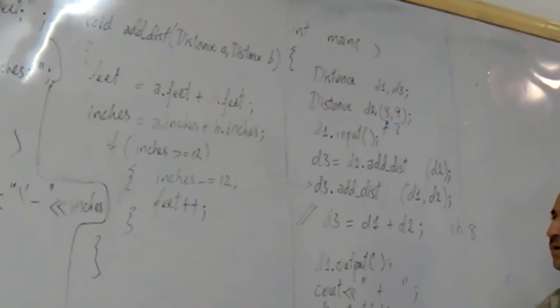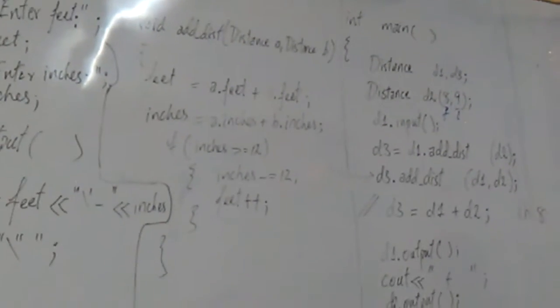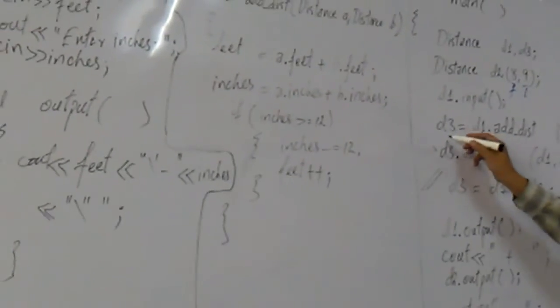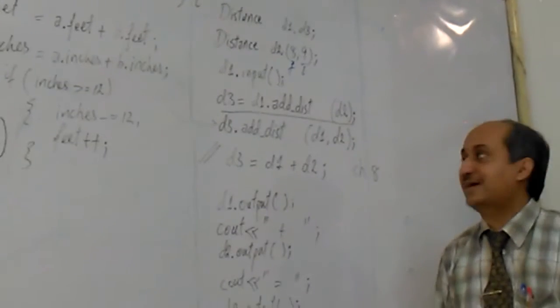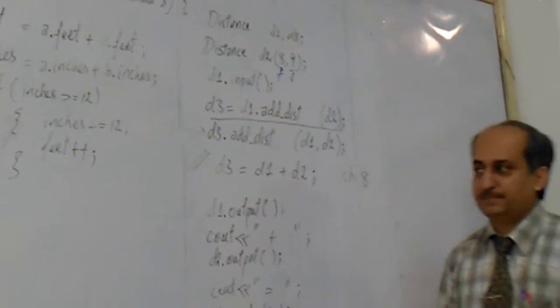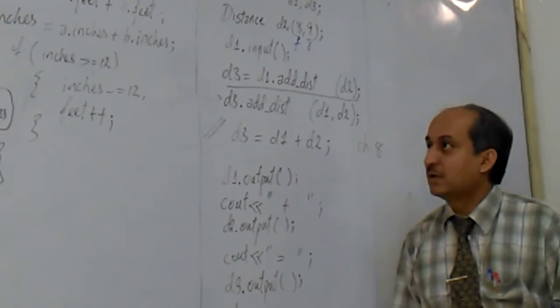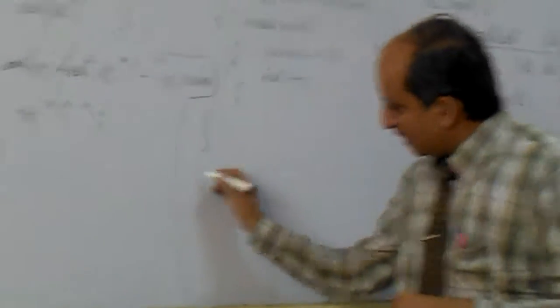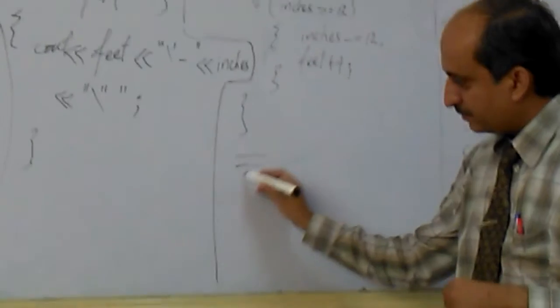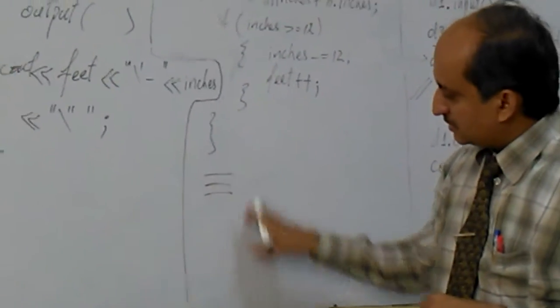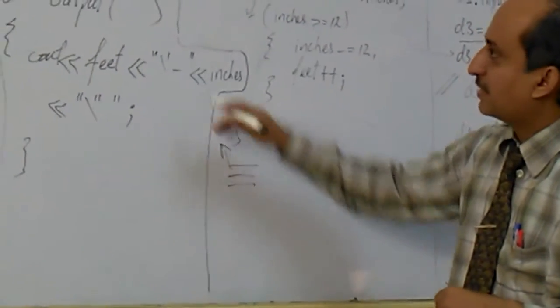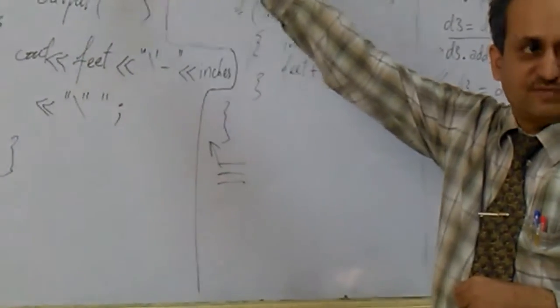Now we want to implement this other function call, which is technically a different addDistance function. Can we do it? Yes. And for this I shall be writing the definition over here. Since I am out of space, I may create some space over here. Are these functions pretty much understandable to you or not?